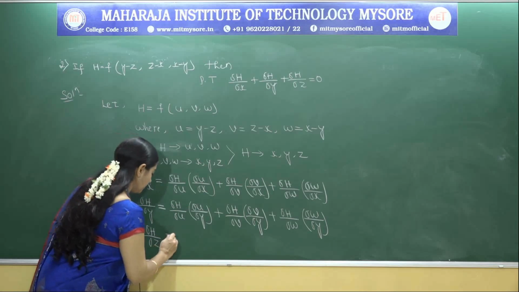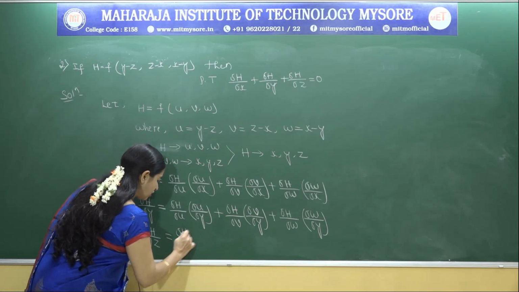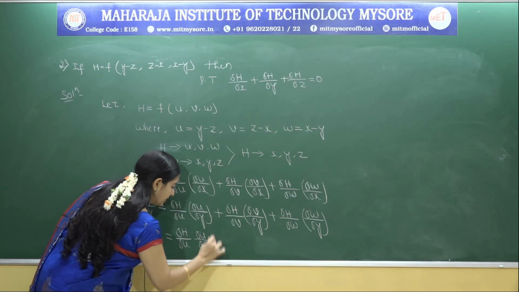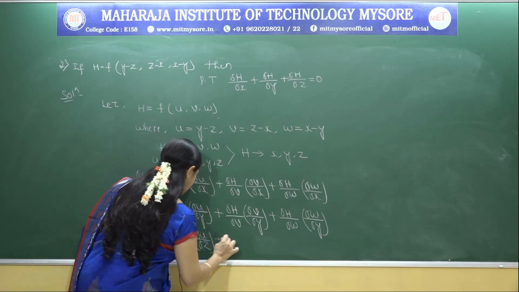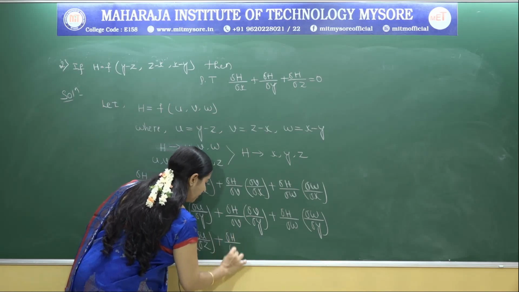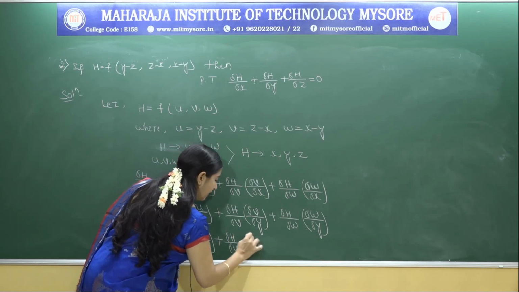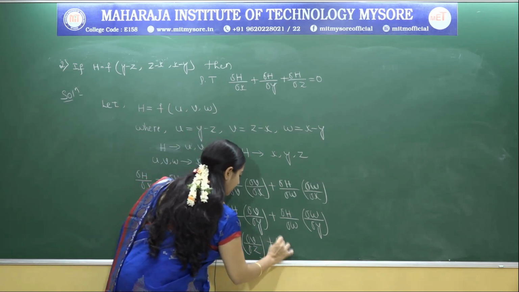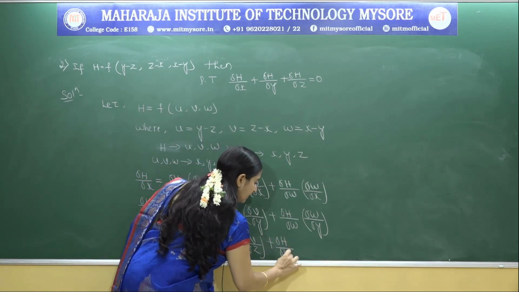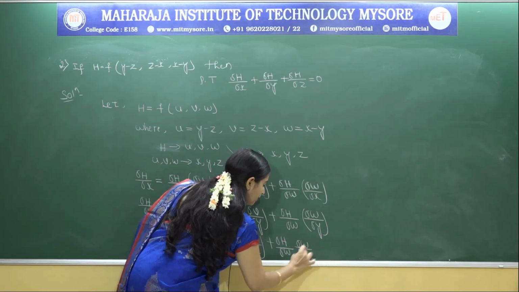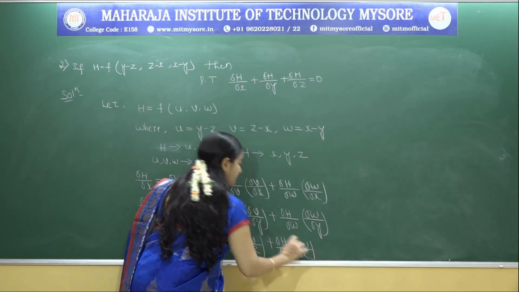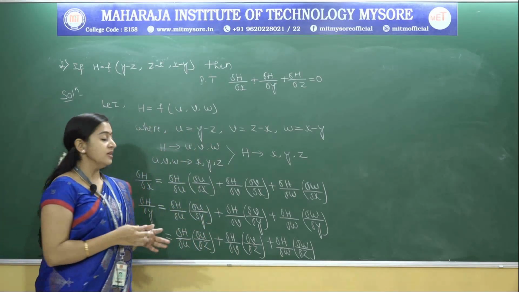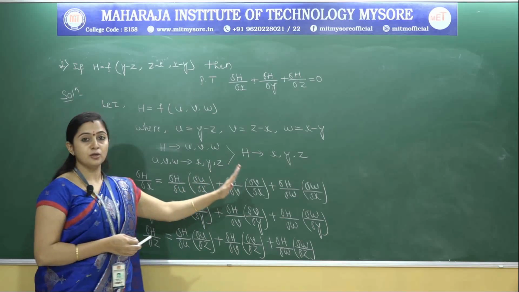Same, consider the third formula: del h divided by del u into del u divided by del z, del h divided by del v into del v divided by del z, del h divided by del w into del w divided by del z. So you have to construct the formula for h in terms of x, y, z with respect to u, v and w.